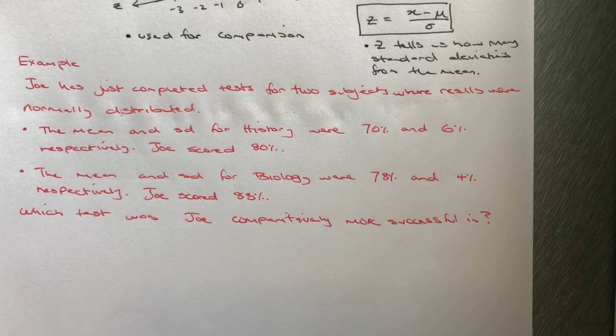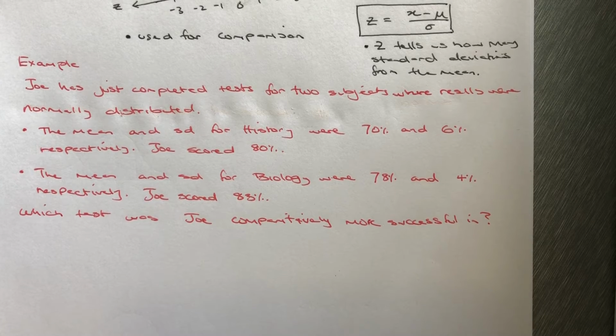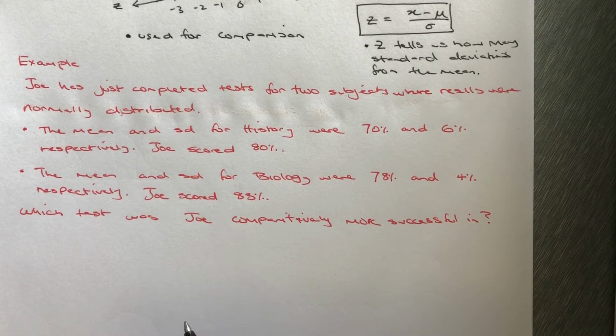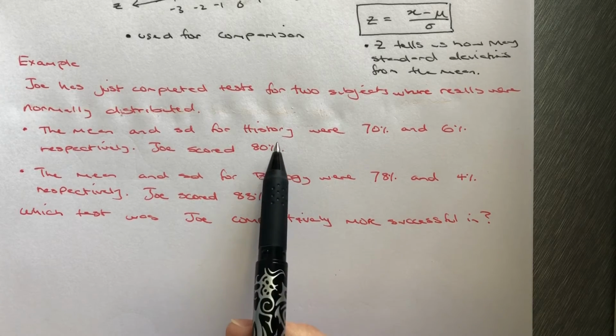Basically what we're trying to do here is see which one he has more standard deviations above the mean, or just which one has the highest Z value. So let's look at history first.